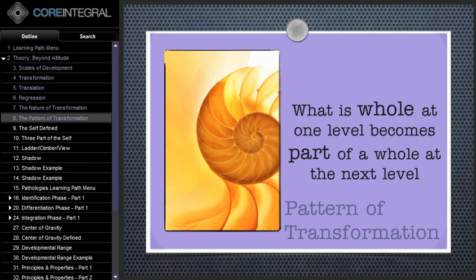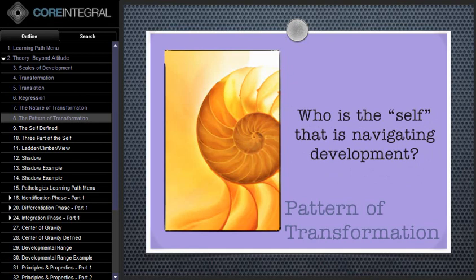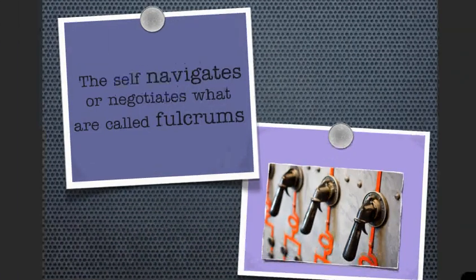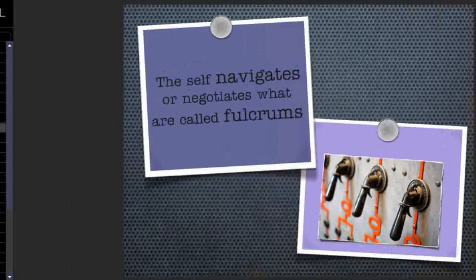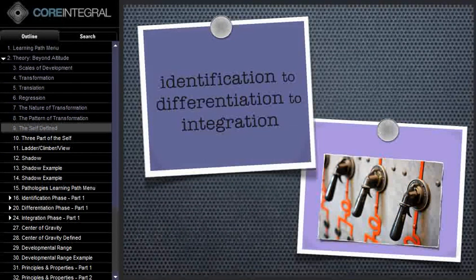Another common feature of developmental transformation, regardless of who it is that's developing, is that the self is the navigator of development. At each transition between macro stages, the self navigates or negotiates what are called fulcrums. The concept of fulcrums summarizes the transformation process described earlier as a three-phase movement from identification to differentiation to integration.